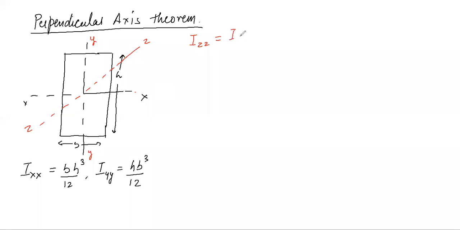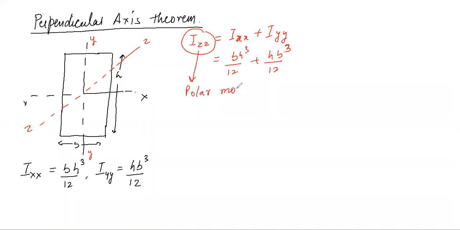So we can write that I x axis plus I of y axis about the centroid, right? So here we can define as I x axis plus I y axis, यानी कि b h cube by 12 plus h b cube by 12, right?